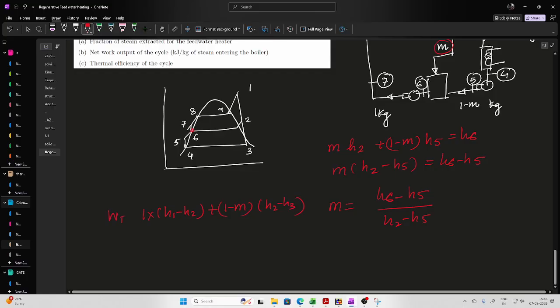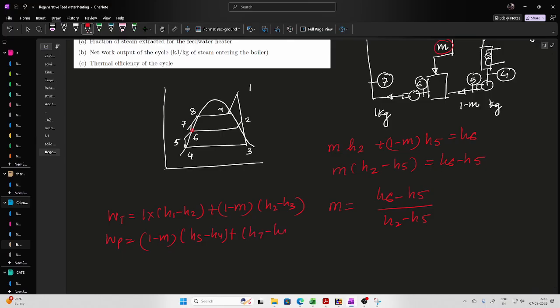So this is the turbine work. What is the pump work? For this one it is 1 minus M kg, so it is (1 minus M)(H5 minus H4) plus, for this one, H7 minus H6.